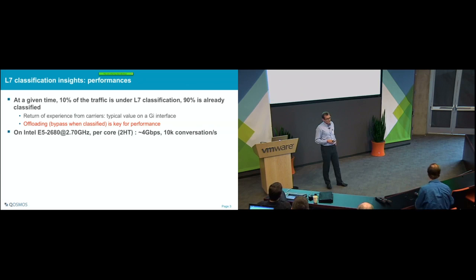So we have an offloading, really like Open vSwitch with userland and datapath. Once the classification is done, it's done. You don't need to feed the engine anymore, except, as I said before, for the FTP protocol and not FTP data. To give you an insight about performance, on this Sandy Bridge platform, with 10K conversations per second, we can handle 4 gigabits with 1 core, 2 hyperthreads.